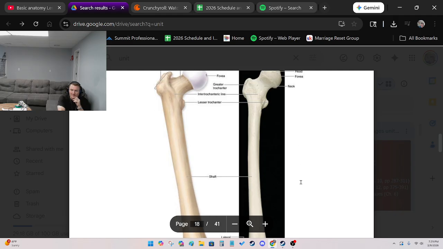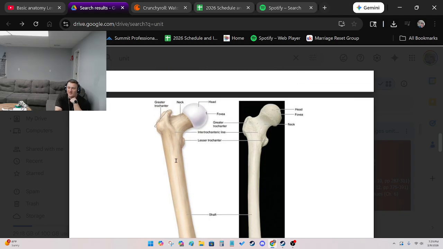Okay, now we're getting into some bone anatomy here, which is really rad. Love bones, and these are our anatomical landmarks, giving you a look at what trochanters, tuberosities, all those fun things actually are. A head, the head of the femur, the neck, so head, neck, and the greater trochanter. Now, don't panic.